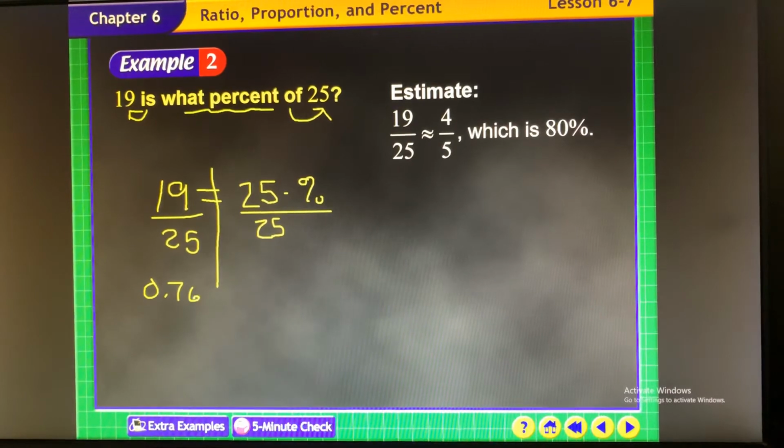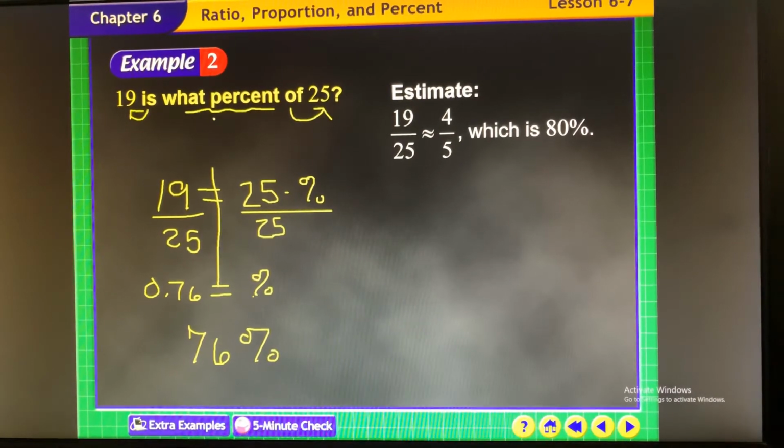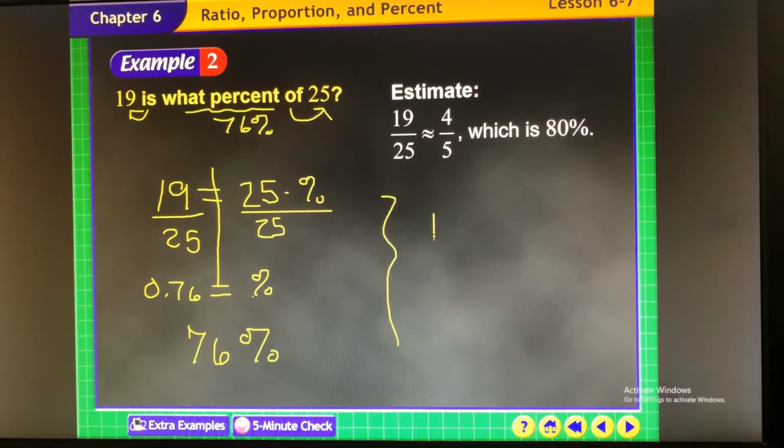It's not your answer, because remember, you're looking for the percent. So in order for you to get the percent, you got to multiply that by 100 or move it 2 places over, and you'll say 76%. Okay, so don't forget that step. We're looking for the percentage. So once you get the decimal, you have to change it into the percent. Okay, and remember the other way we did it was part over base equals percent over 100.